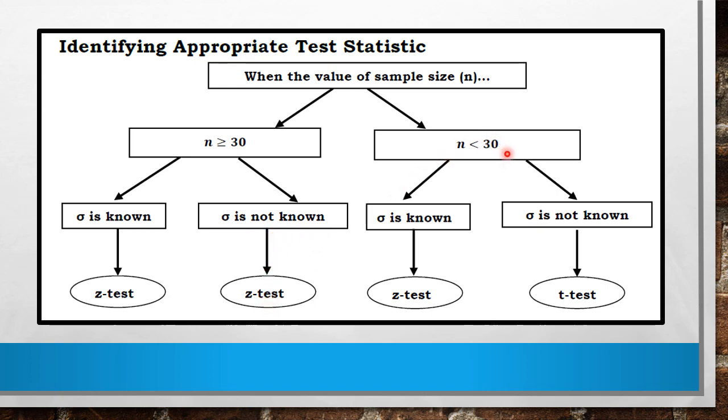While when the sample is less than 30 and the standard deviation is known, use z-test. And when the number of samples is less than 30 but the standard deviation is not known or unknown, you will use t-test. So it is very clear when to use t-test and when to use z-test.